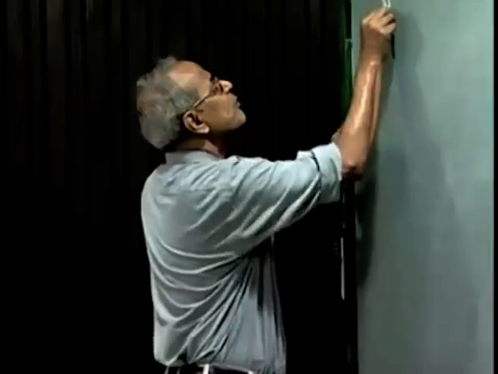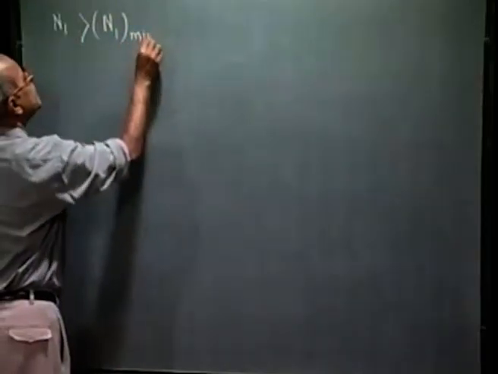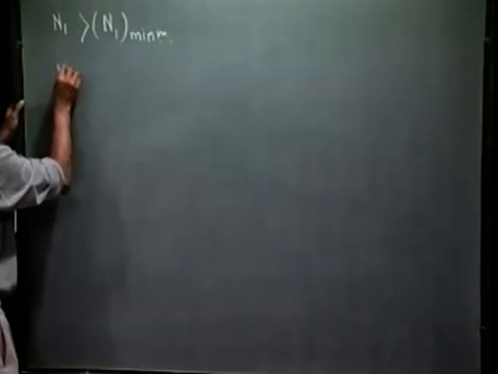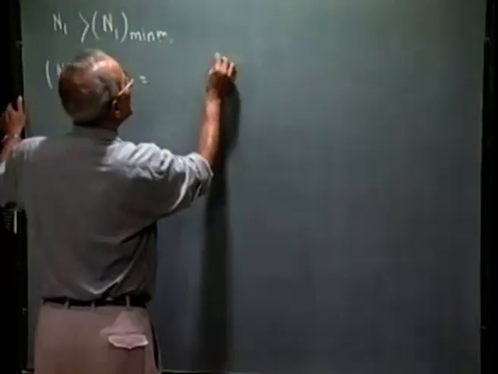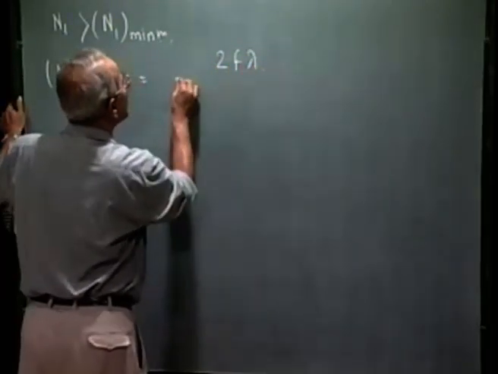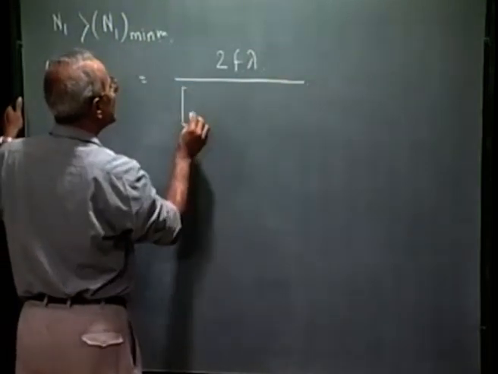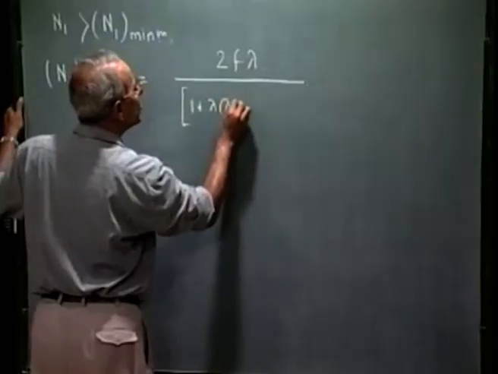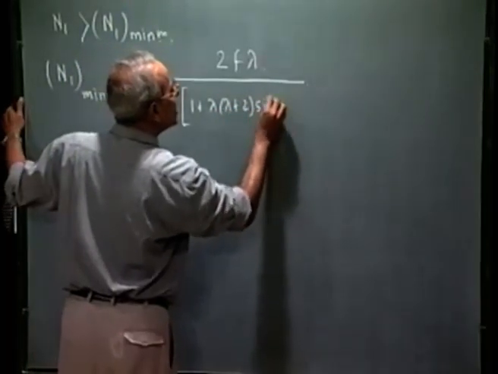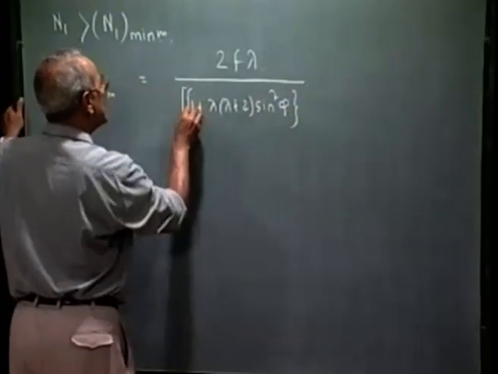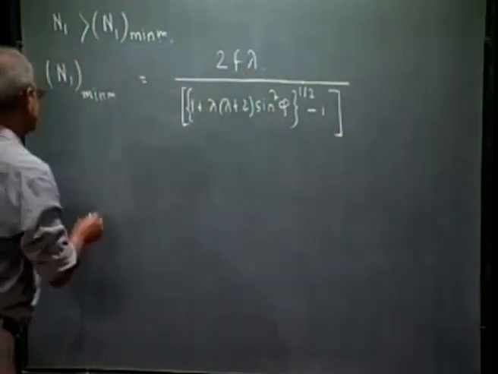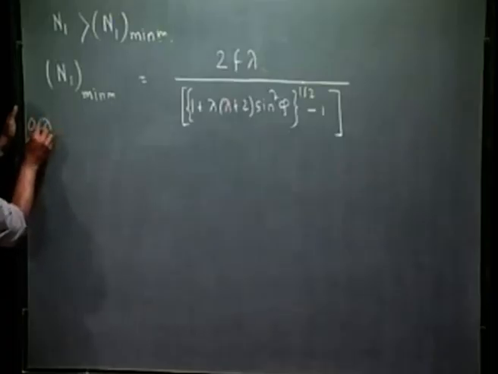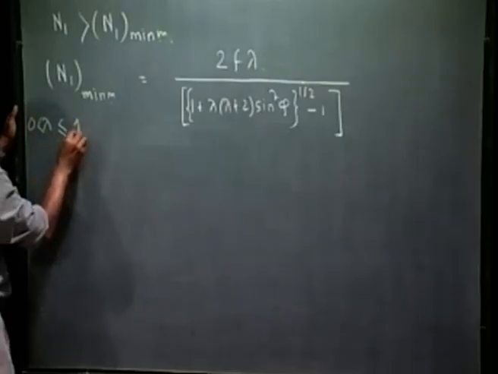Number of teeth on a pinion must be greater than N1 minimum, where N1 minimum was given by 2F lambda divided by 1 plus lambda into lambda plus 2 sine squared phi, to the power half, minus 1, where lambda by definition is between 0 and 1.